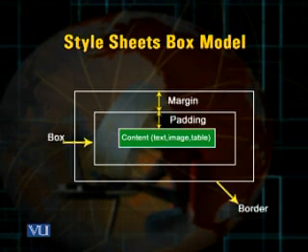Padding refers to the space or the distance which would be kept between the content and the border of this box. And then you can also see another property, margin. Margin is the distance which two different boxes would have in between themselves. So using these properties, padding, margin, different dimensions, we can allocate different styles to our web pages.